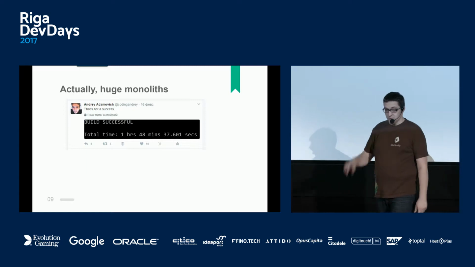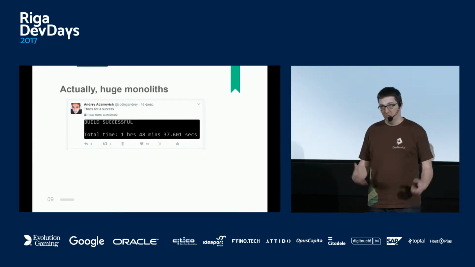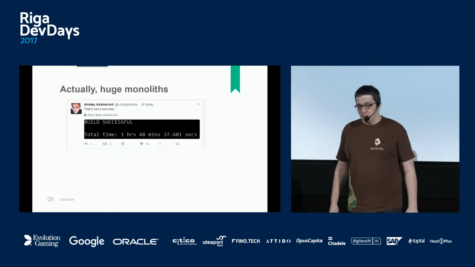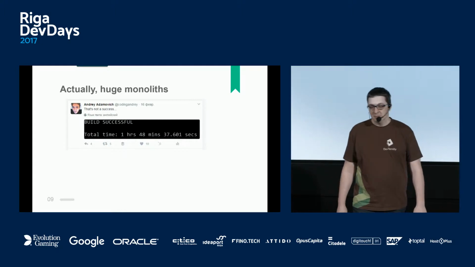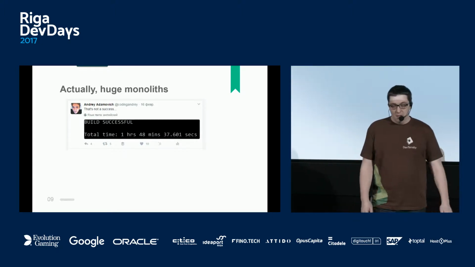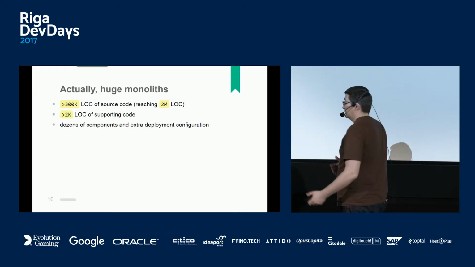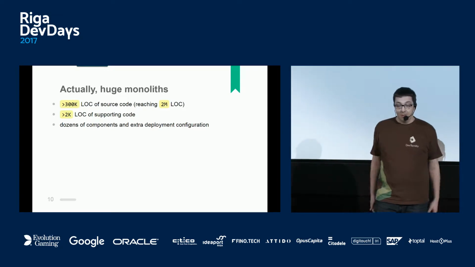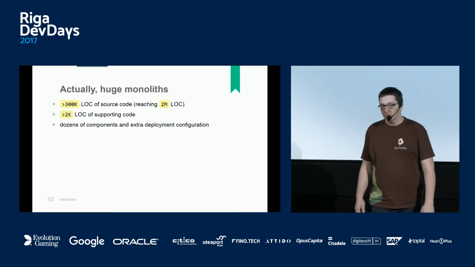That's actually coming from a real build. It's like 200 components in a single project. And it's not a success. It's taking too long. Of course, splitting that out into smaller components would definitely help. The things I worked with 10 or 15 years ago were quite big, from 300,000 lines of code up to 2 million lines of code.